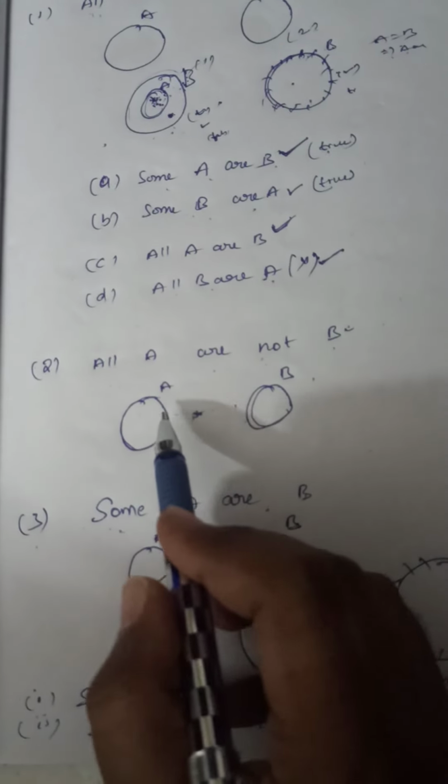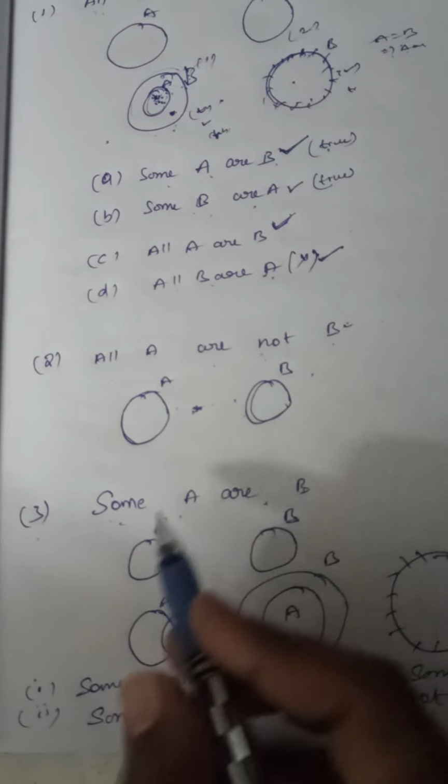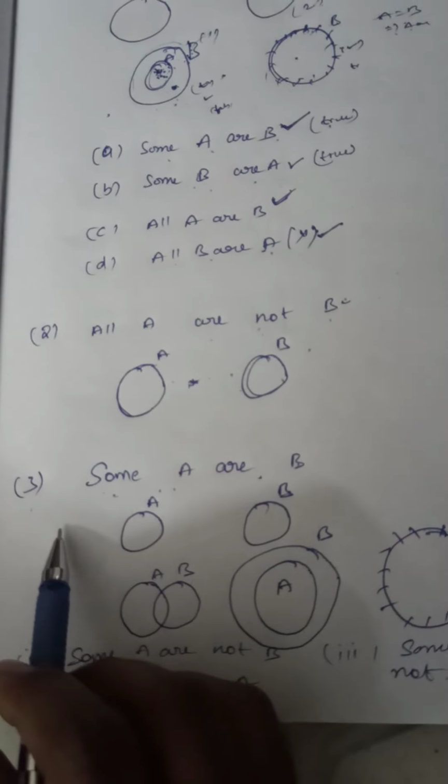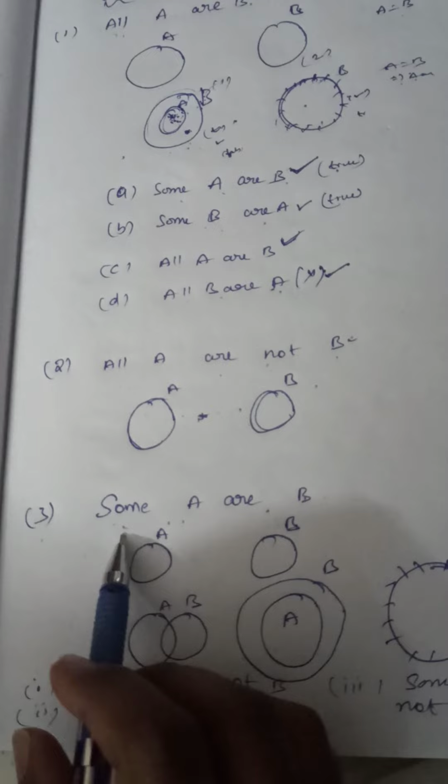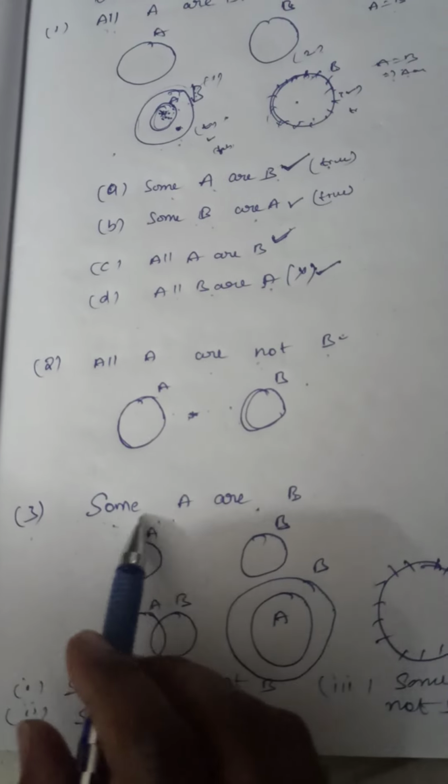We can represent them as separate circles. The third one is somewhat complex, friends: some A are B.